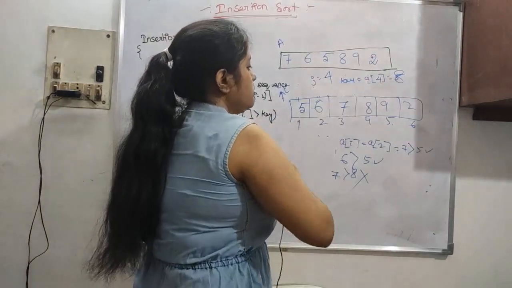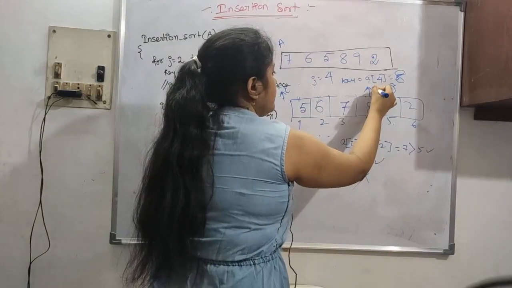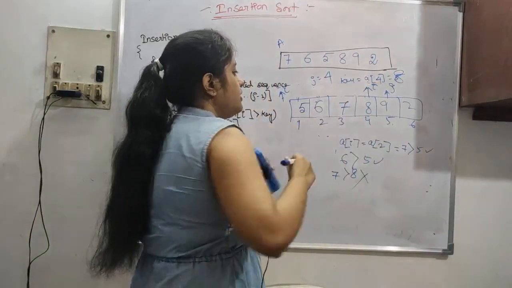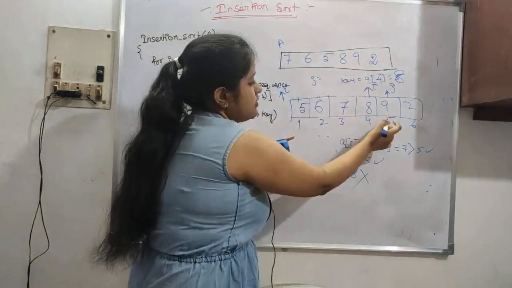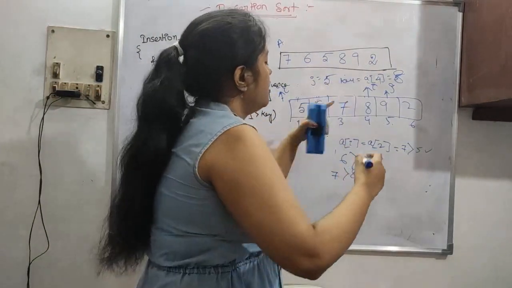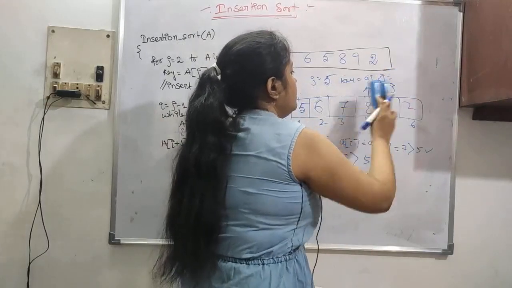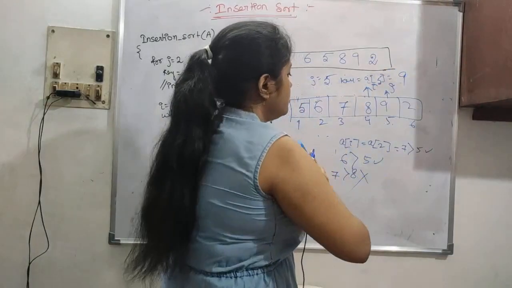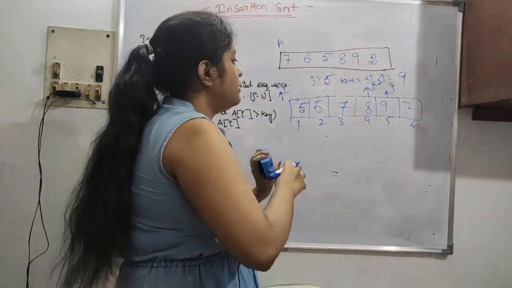Okay, so now next thing here, this is j, I is pointing at j minus 1. So here j is 5. A of 5 means 9 here. Okay, so now here you can see the same thing is happening.